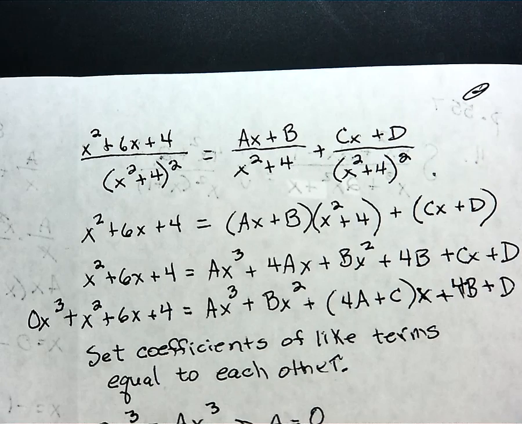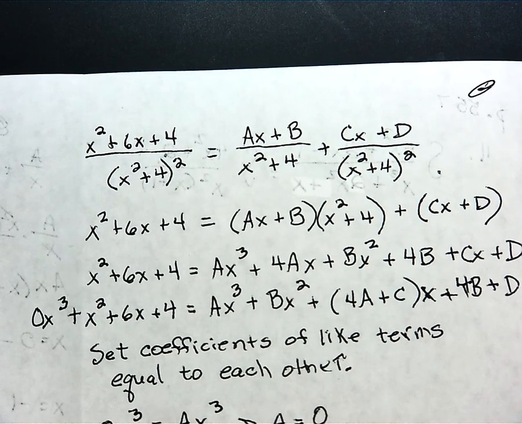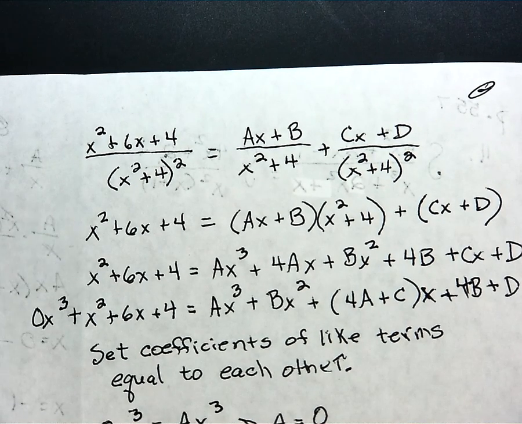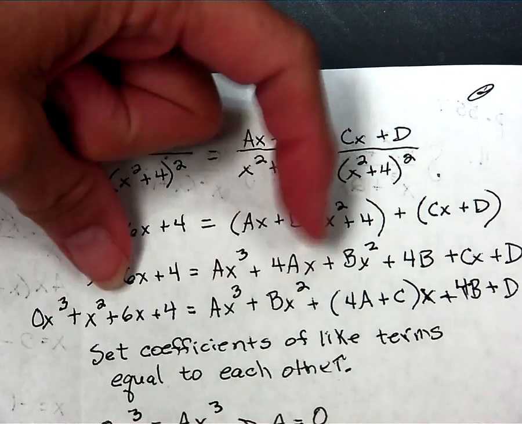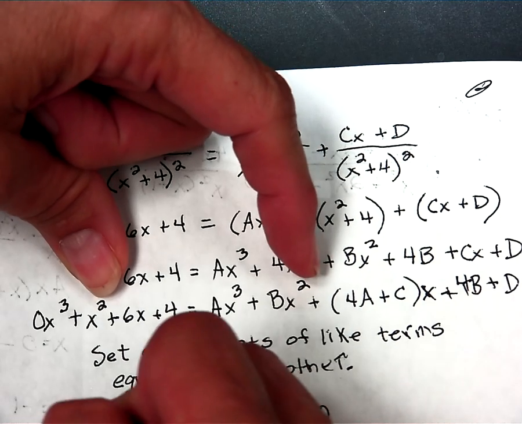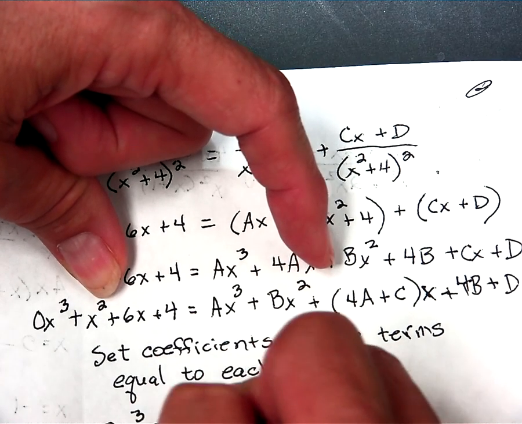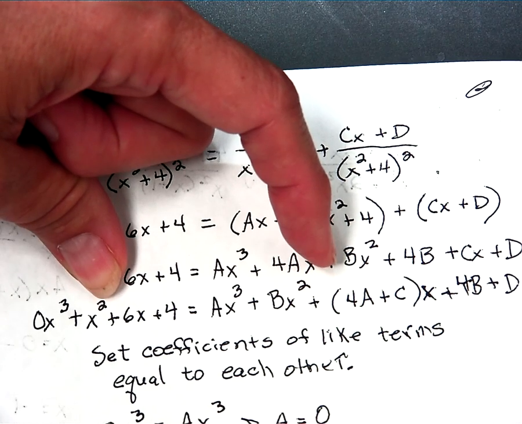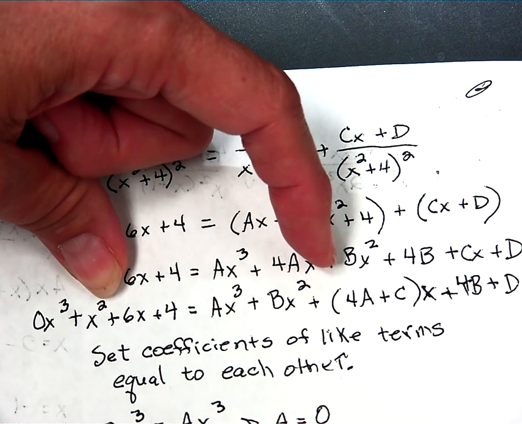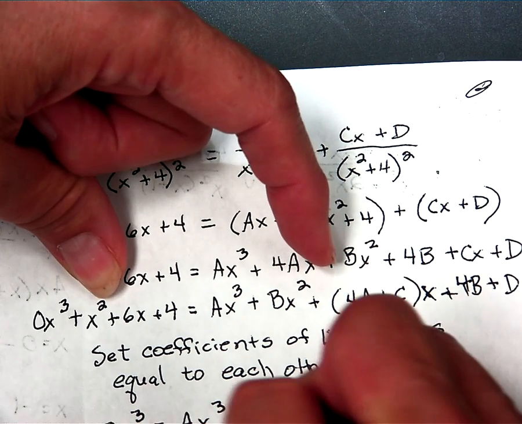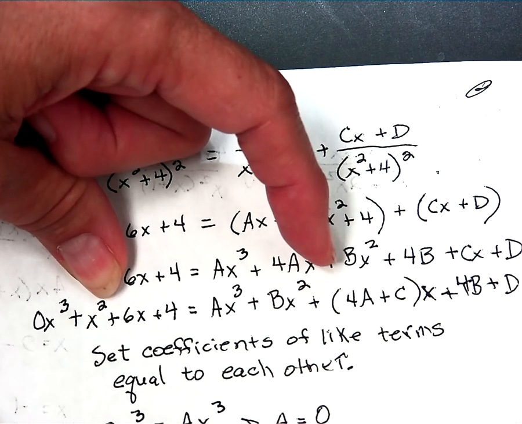All right, what equation do I have if I set the coefficients of the x squared terms equal to each other? 1x squared equals bx squared. That pretty much means what? B is 1. 2 down, 2 to go.